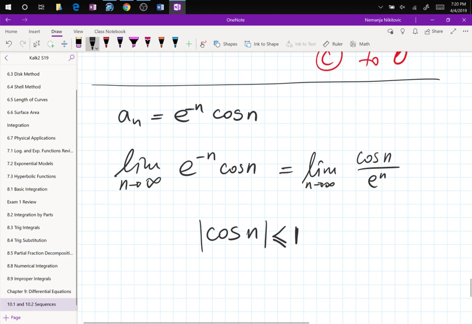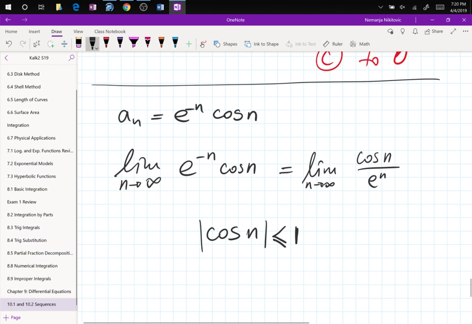Cosine n being bounded by 1 means that you cannot get a bigger answer out of cosine other than 1. That's the largest. So when you divide, the most it can be is 1. When you divide 1 by infinity, you get 0.